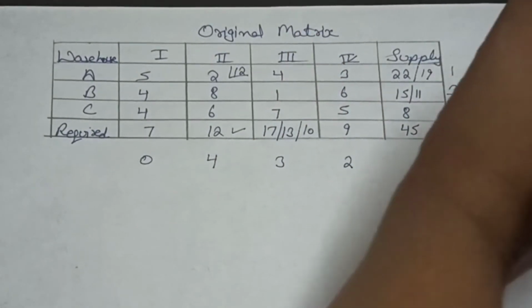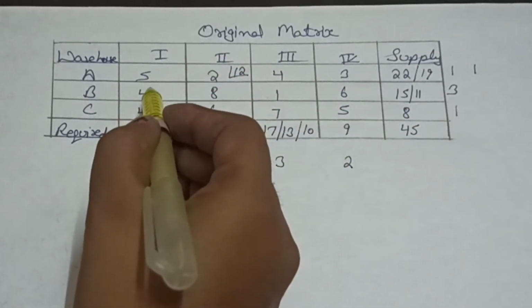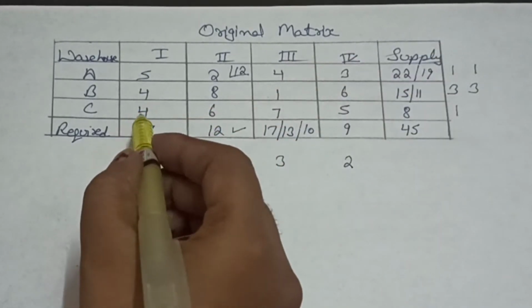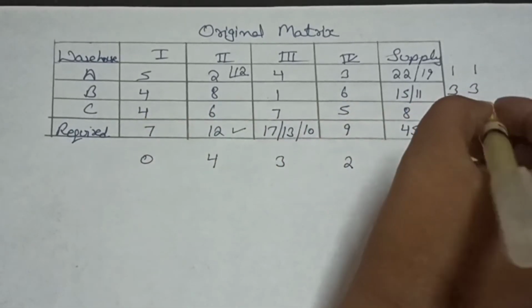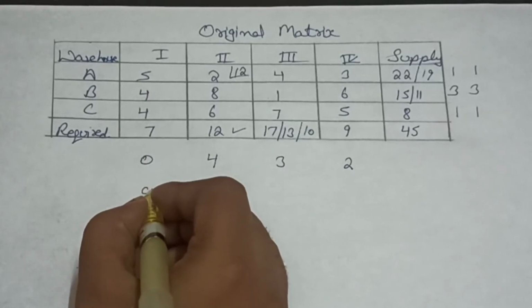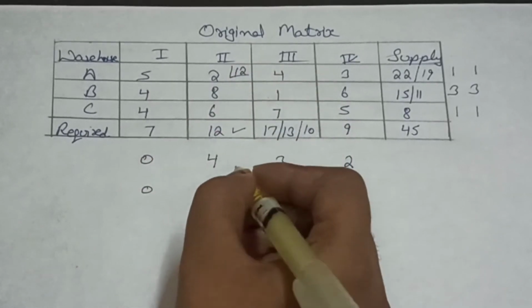So the difference is 1. Here the minimum value is 1 and then 4. Then the difference is 3. Here we have minimum value 4 and next minimum value 5 and the difference is 1. Here also the difference remains the same and this column is also satisfied.